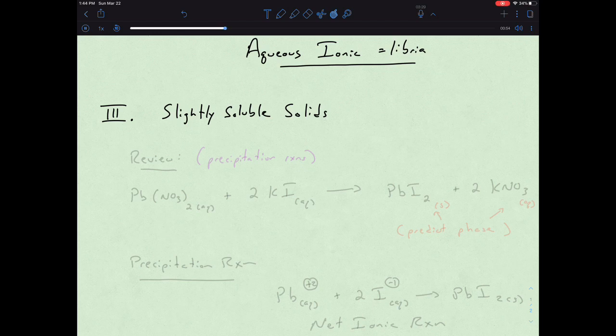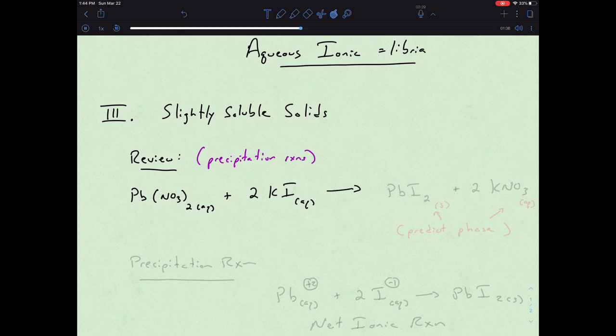reactions. As a slight review of precipitation reactions, we would have two different starting materials, such as lead nitrate, that's aqueous, plus let's say potassium iodide, that's aqueous.